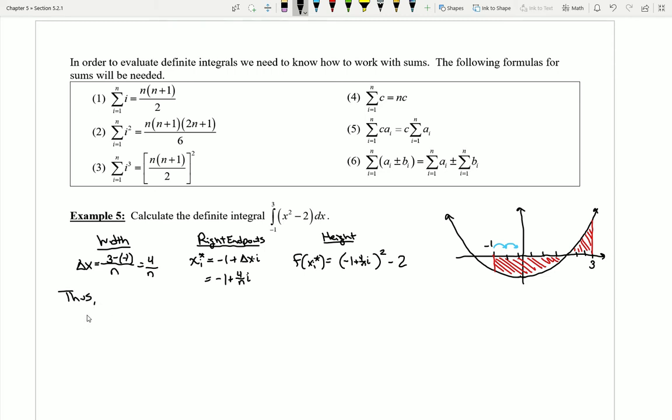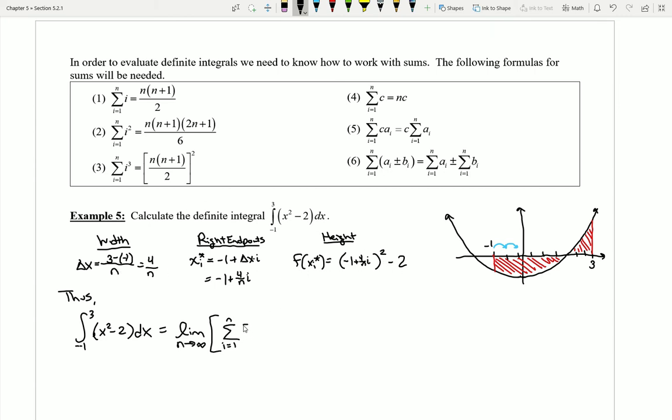I could say that the integral from negative 1 to 3 of my function x squared minus 2 is going to be equal to a limit as n approaches infinity of my summation. i goes from 1 to n, and then I'm going to have to do the height of my rectangle times the width of my rectangle.